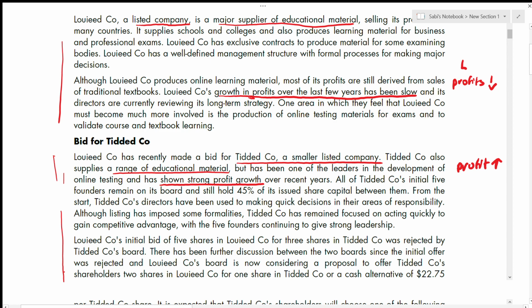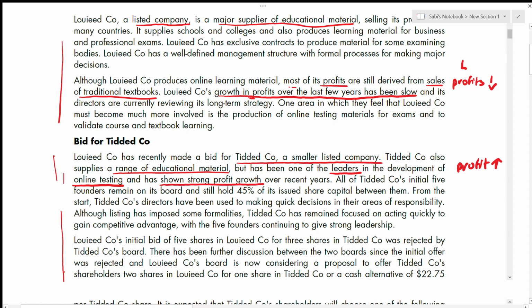They are the leaders in the development of online testing, leaders in online testing. Whereas Louieed company makes major sales from where? From traditional textbooks. Most of its profits, let me go up to this, most of its profits are from sales of traditional textbooks, if you see. But here they are the leader in online testing.